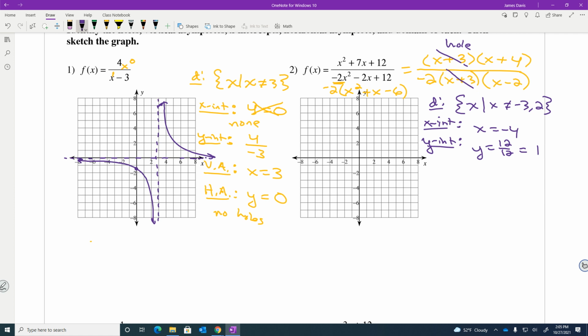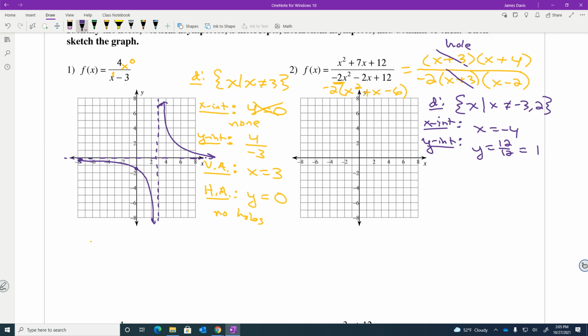This is really confusing, because you factor it, but then you barely even use the factors. Well, we still use them. We used them for the domain, for both of these so far, and we're going to use them also for the asymptotes and the hole. For the y-intercept, you still could.